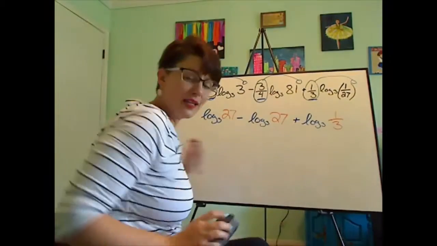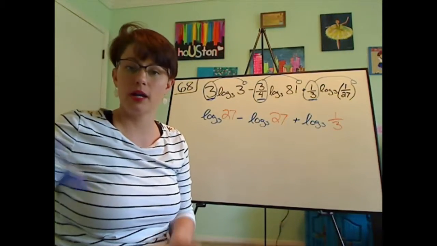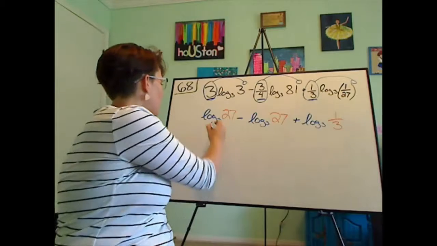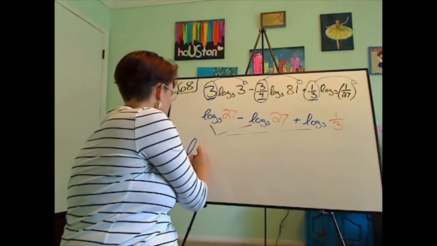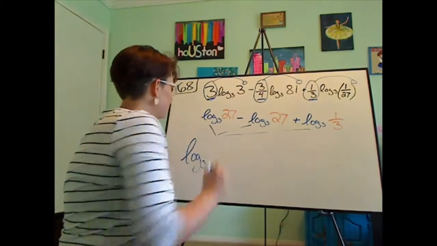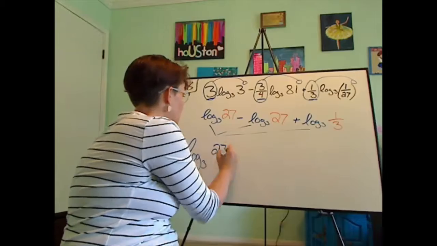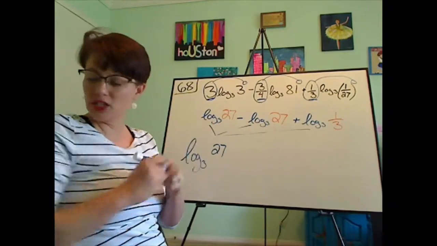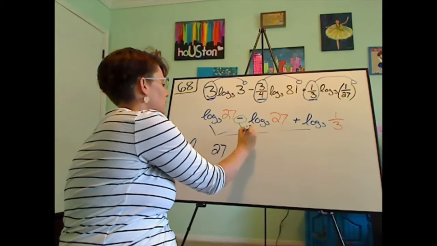Okay. Now we're ready to start combining our logs together using our product and our quotient properties. So we're going to combine everybody into one giant log base 3 with our 27. Okay, when we see this subtraction sign here, subtraction and division go together.